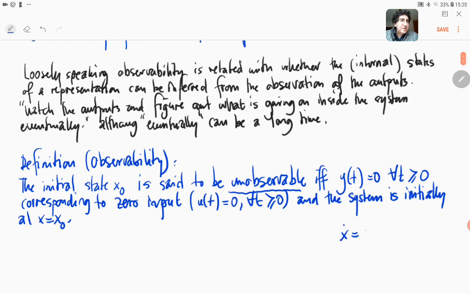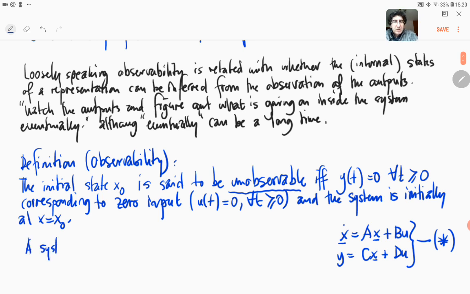Let's also remember our system definition. So we are talking about x dot equals Ax plus Bu and y is equal to Cx, and possibly a Du, not always, and this is our system representation star.